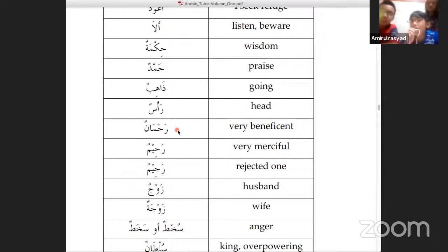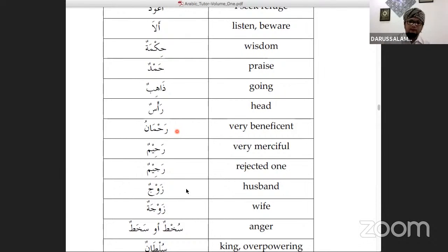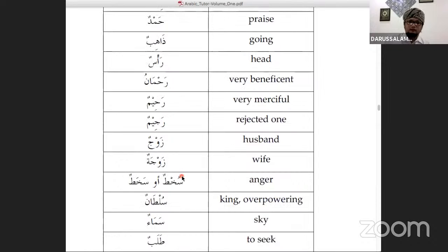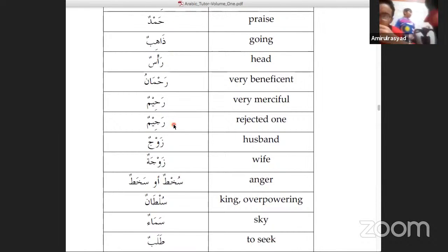Rahman. Good. Rahman. Beneficent, okay. Rahim. Very merciful. Rajim. Rejected one.